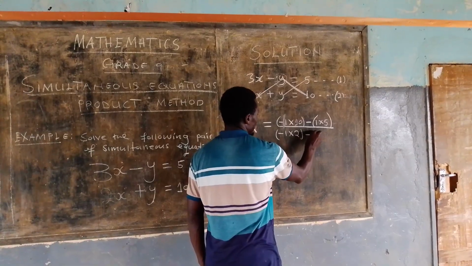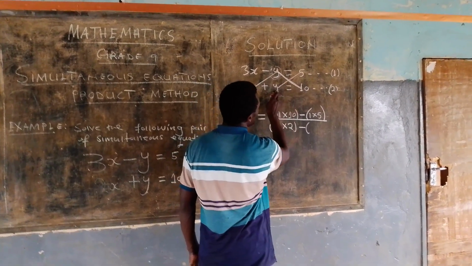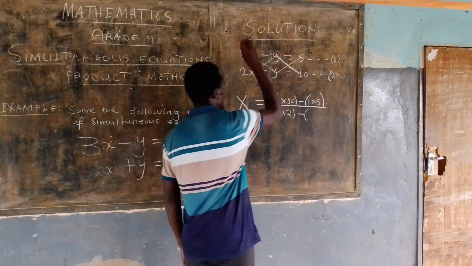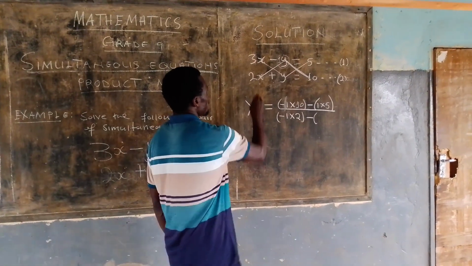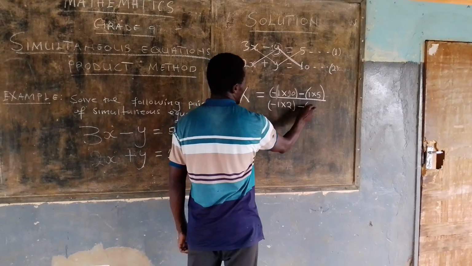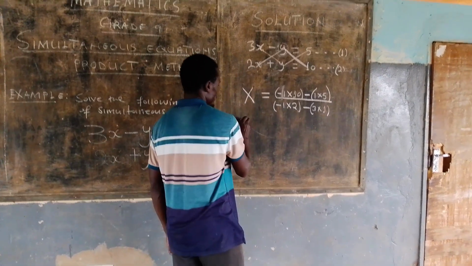Always subtract. The second step: we started with this one, then the second with that, so the second will be this one. That is 3 times 1. This is positive and this is positive, so 3 times 1.